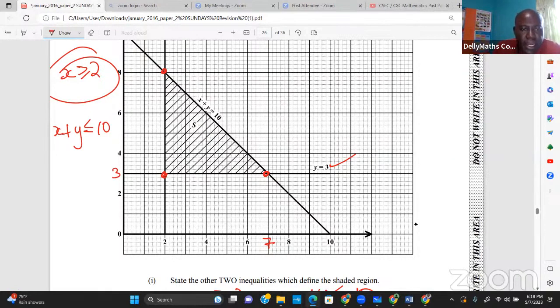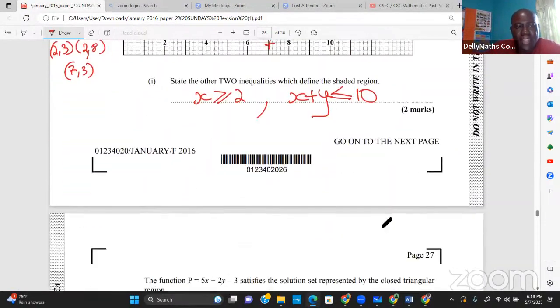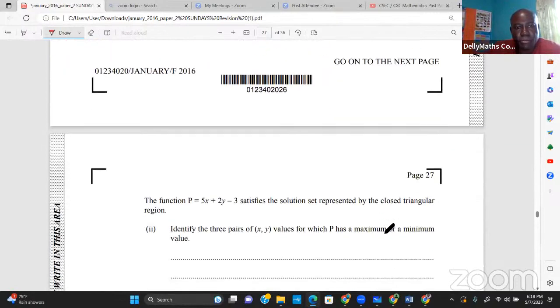So in terms of coordinates, one of them is (2, 3), right here. Then we have (2, 8), and then we have (7, 3). So we have (2, 3), (2, 8), and (7, 3). Those are the answers they're looking for here.